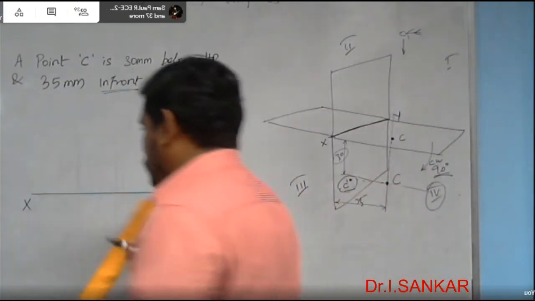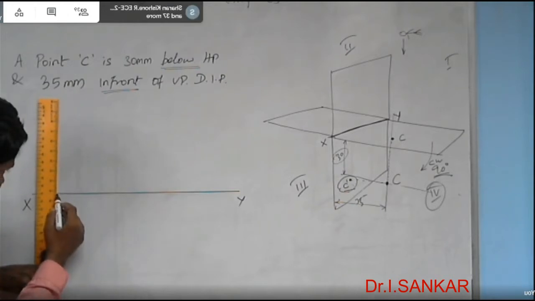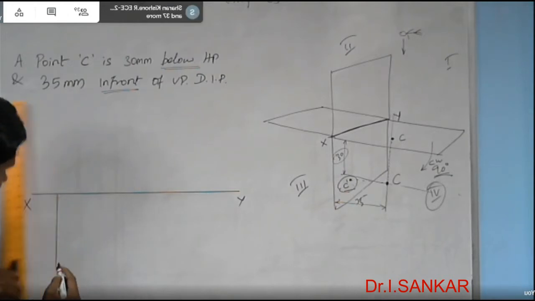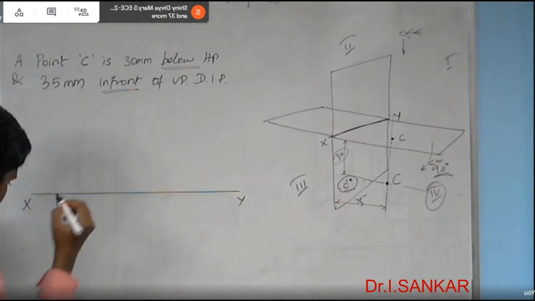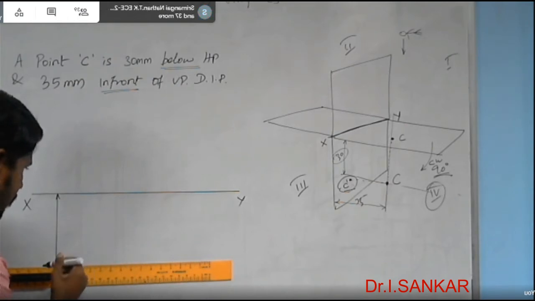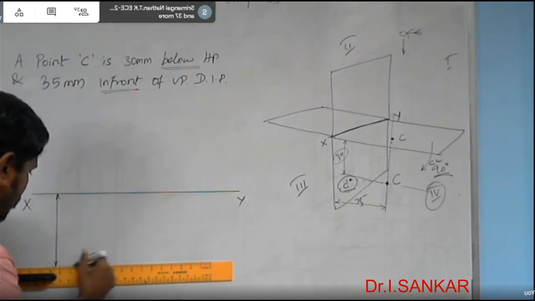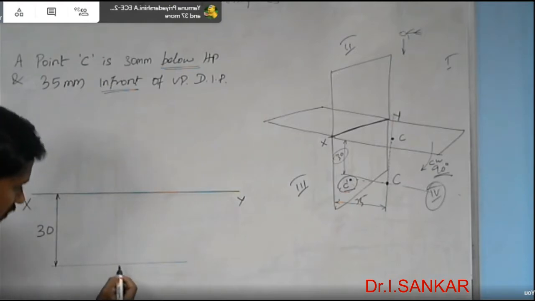So with respect to the XY line, 30 mm below, I need to mark the front view of the point C dash. So roughly I am making it here.